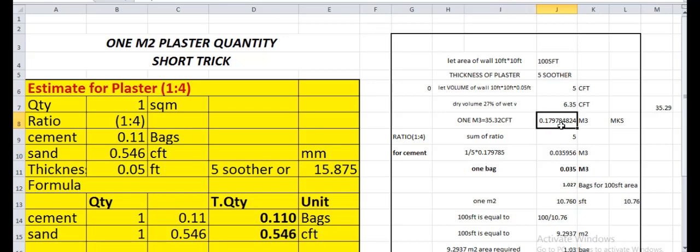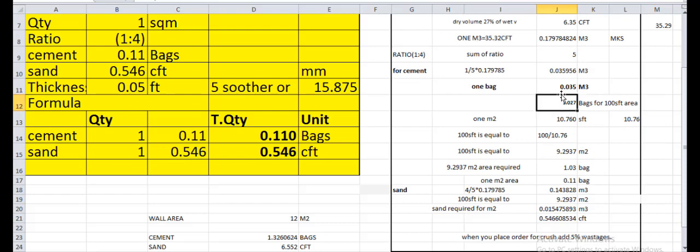So we got the quantity of cement as 0.035 for this ratio and for the given area of 100 CFT. The volume of 1 bag is 0.035 cubic meter. When we divide this quantity by the bag volume, we get 1.027 bags for the 100 area.